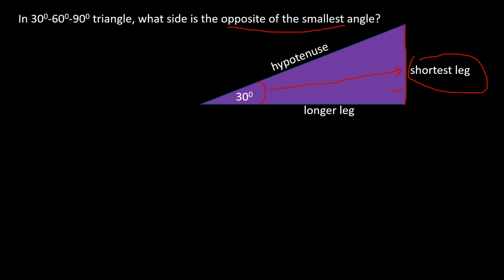While the opposite of 90 degrees here, we may not write it anymore, is always the hypotenuse. While the opposite of the middle angle, which is 60 degrees, is always called the longer leg here. It's the longer leg.